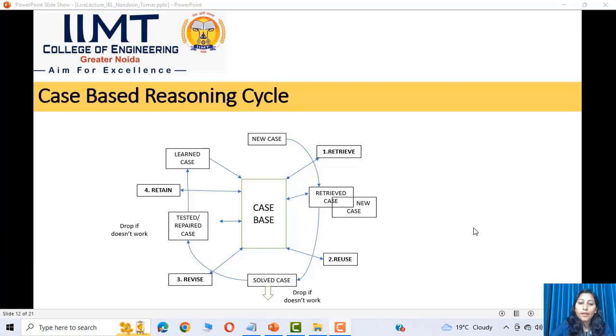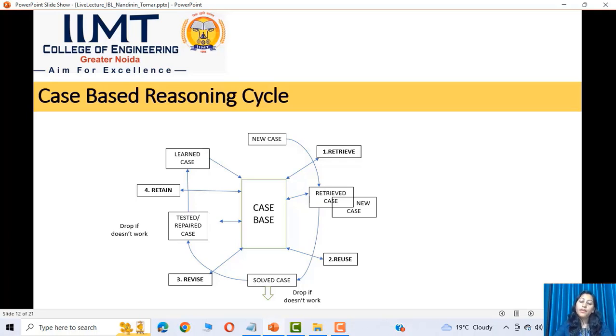Then the system retrieves similar cases with respect to the new case from the case base. After retrieving similar cases, we move to the next step, which is reuse. In the reuse step, the system tries to adapt the retrieved cases to fit the new case.